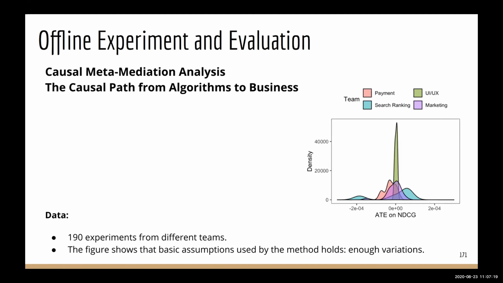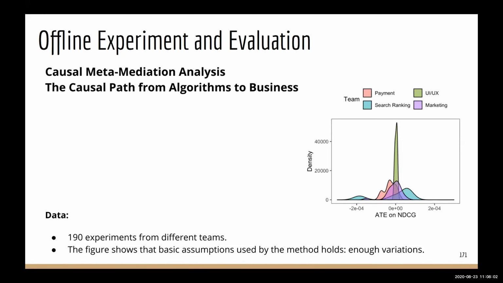As you can see, for all these different teams, most of them are centered around 0, right? It kind of makes sense, because a lot of ideas won't pan out. For search ranking, as you can see, there are some very good improvements, but also some very negative ATE as well, meaning there's a wide range of different ideas that the algorithm is exploring. More importantly, it validates the idea that we want to utilize all different A/B tests to do the meta-analysis, meaning there's enough variation in the data such that we can learn the space.